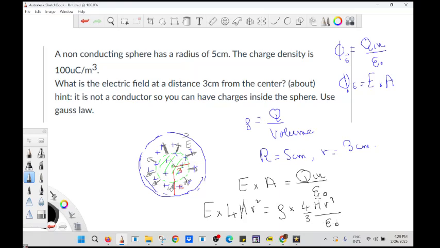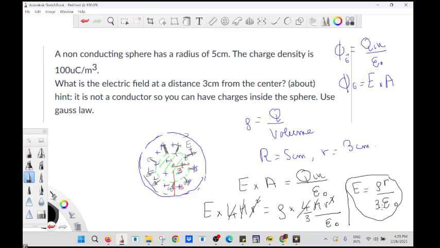So you can say bye-bye to this, to that, and to this. So you see that the electric field in magnitude will be rho r over 3 epsilon 0.